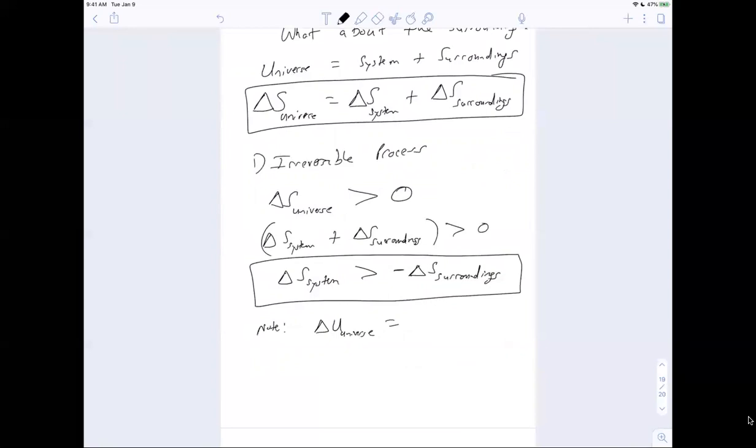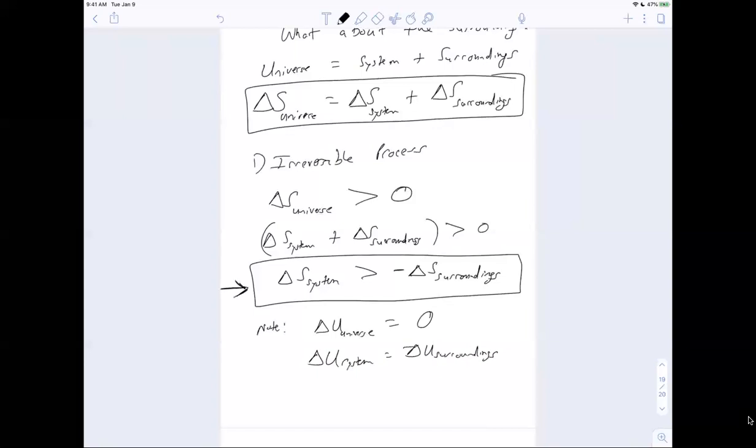Anyone? U is the energy, internal, if you want to call it internal, but this U is the energy. So delta U of the universe for any process is going to be 0. So delta U system is always going to be minus delta U surroundings, but not so for entropy. And this is what you'll have to really keep in mind on these problems.